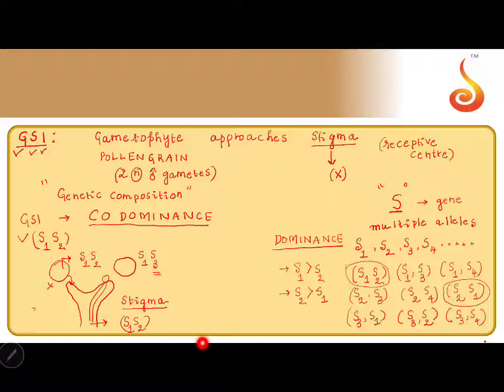And then if a pollen grain has S3, S4, this is also codominance, both the alleles are speaking. Then this one is absolutely not related genetically. So this will successfully grow into a pollen tube till the ovule for fertilization.